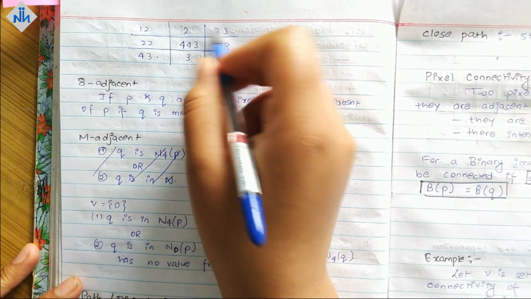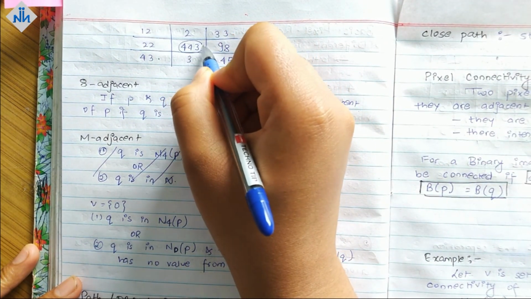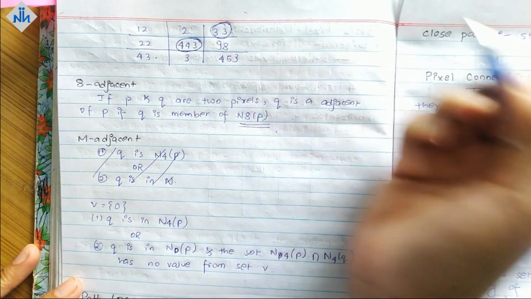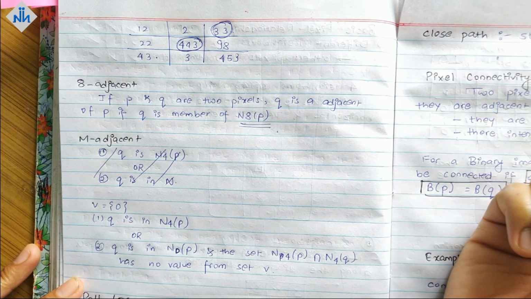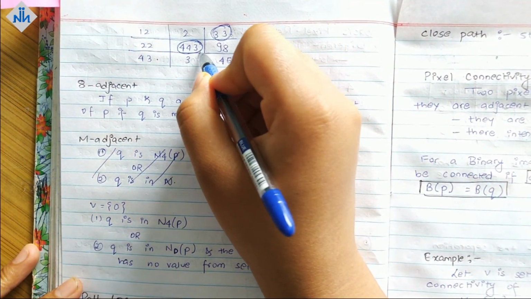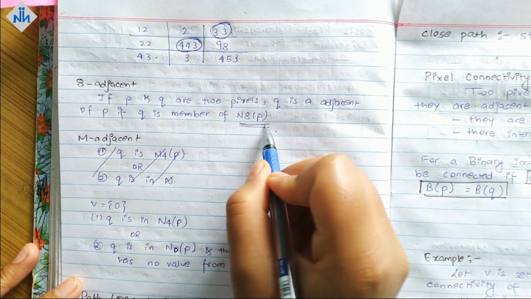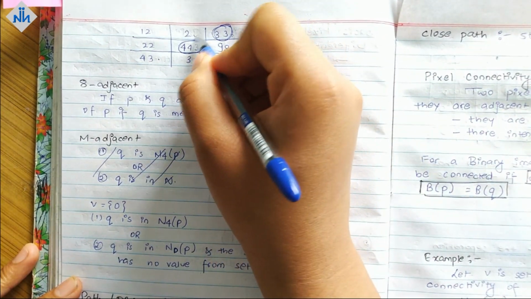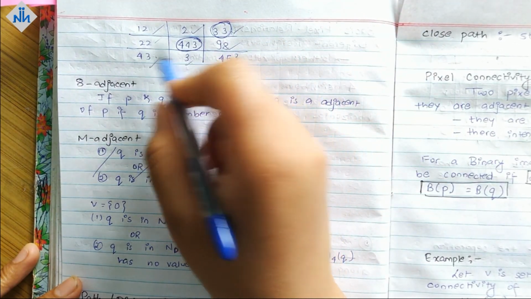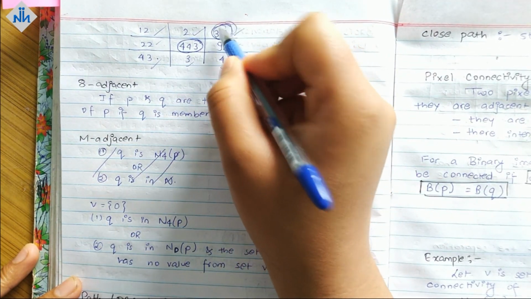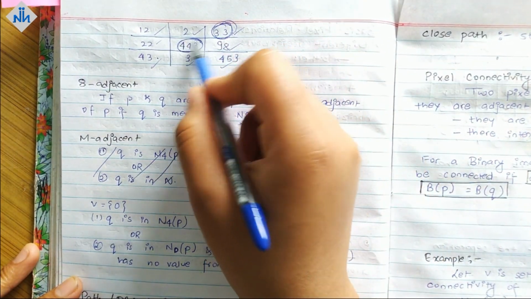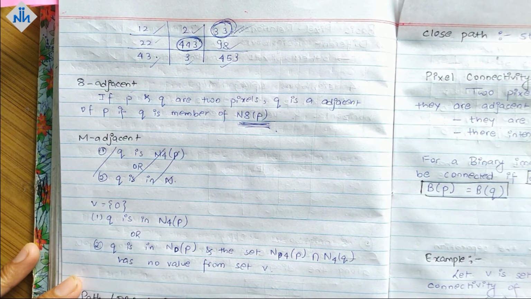In this example, if this is P and this is Q, then we can say that Q is 8 adjacent to P because it lies in the N8 of P. N8 of P is all of the 4 adjacent plus the diagonals. So this does lie in the N8 of P, and it is known as 8 adjacent.